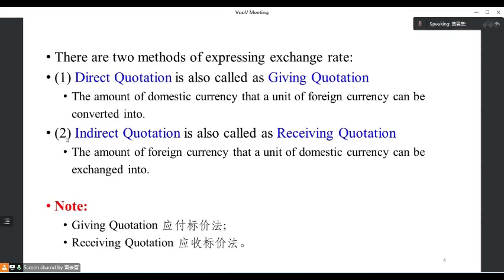Let's go second. Indirect quotation is also called receiving quotation: the amount of foreign currency that a unit of domestic currency can be exchanged into.